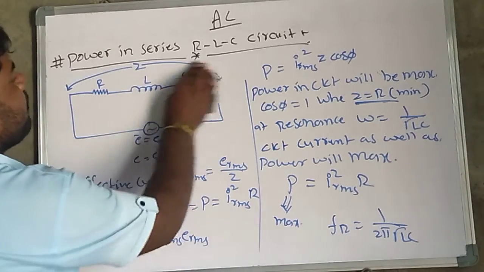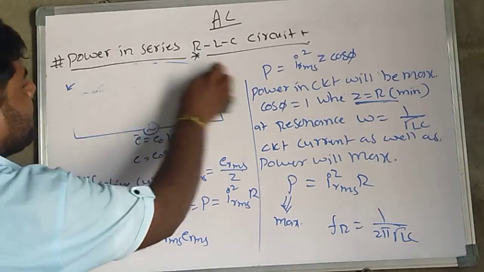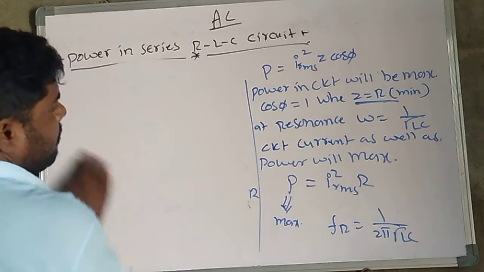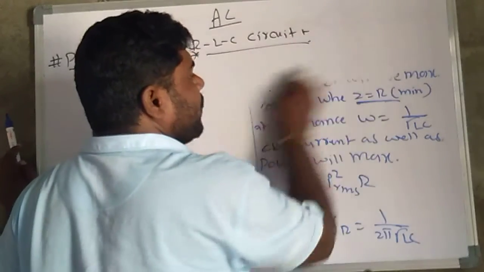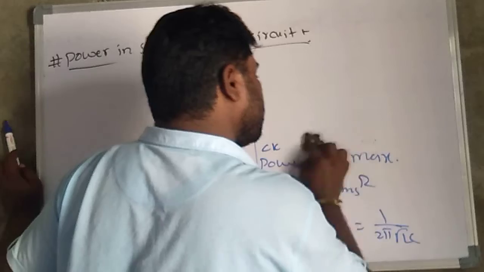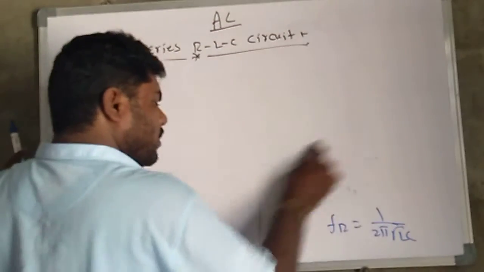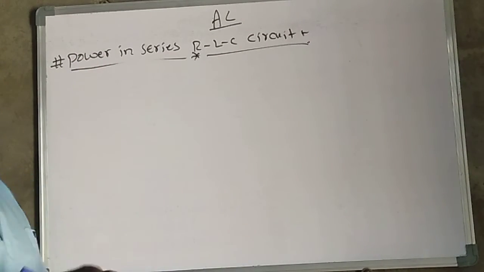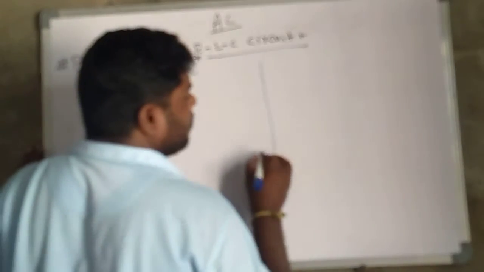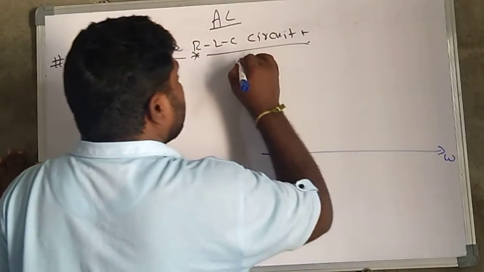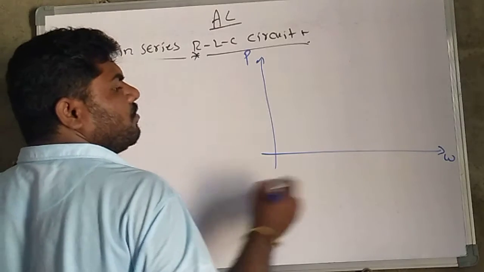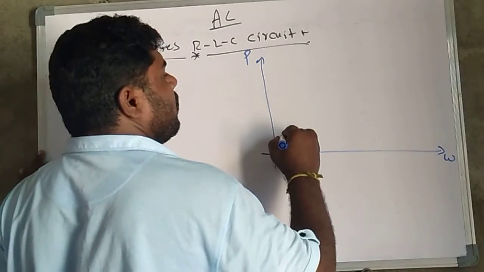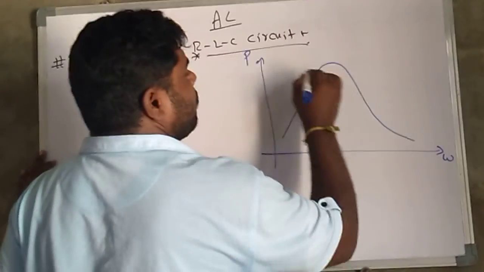The power versus frequency graph. Here I would like to take the power value on one axis and the frequency value on the other axis. The curve is a wave like this.